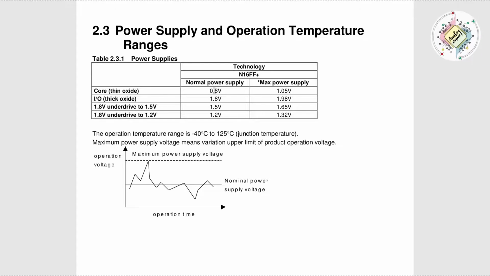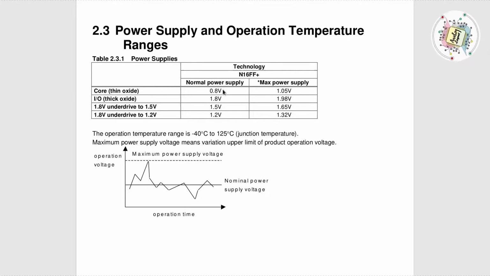The core device always has the lowest possible voltage rating, which depends completely on the foundry, but generally the core device is a thin oxide device. By default, the operating voltage of a thin oxide device is very low. Here the thin oxide FinFET device handles only 0.8 volt, and the maximum power supply of the core thin oxide device is 1.5.